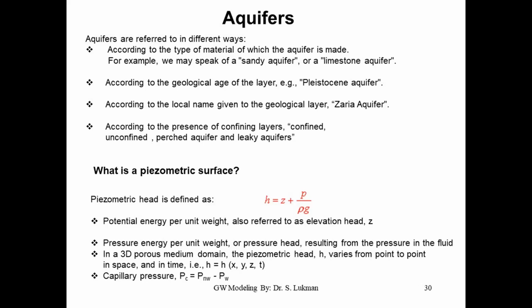We'll try to have some wells in the particular aquifer, pumping at certain rates over a given amount of time, and then try to see how that pumping rate and that number of wells that we have affect the piezometric head over time. Do you understand? If you remember when introducing groundwater modeling in my first class, this is what I told you that groundwater modeling is mostly about, in the sense that you have a lot of wells tapping from a particular aquifer. You want to determine the rate at which the aquifer will not be adversely affected.